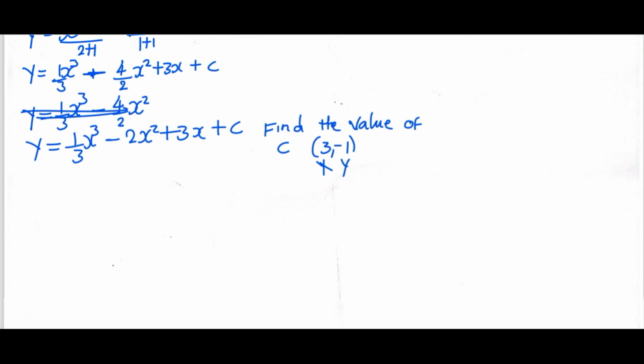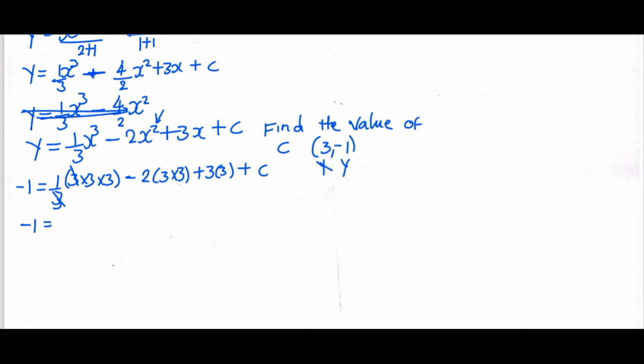Then after this, we know that y, negative 1, is equal to 1 over 3, then what is our x? x is 3 times 3 times 3, since we have the power 3, minus 2, here we have 3 times 3, since we have a squared here, plus 3, then 3 here, then plus c. So we have negative 1 is equal to, this 3 will cancel.